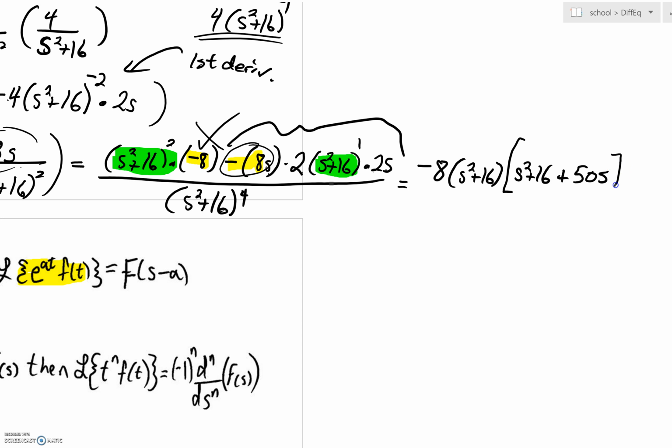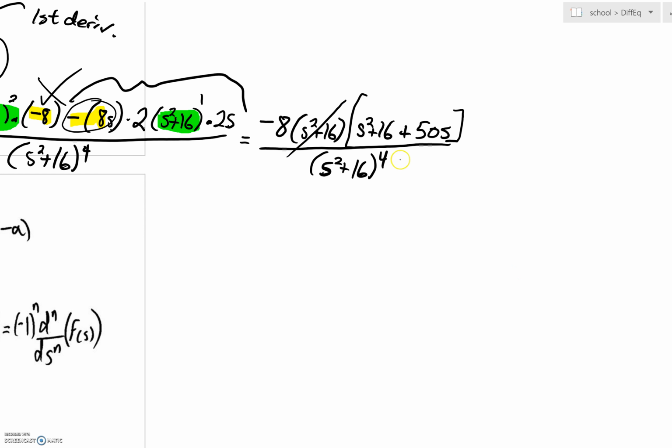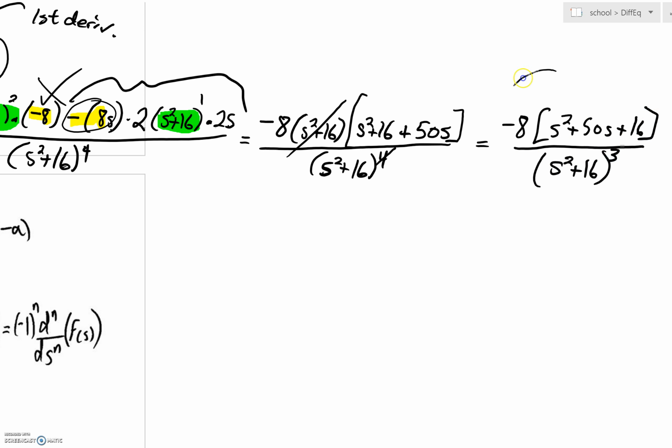And right there, you can see we're practically done. We've got our s squared plus 16 to the fourth. If you want to clean this up a little bit, you can cancel one of those factors up on high. You can say, well, I've got s squared plus 50s plus 16, and then down below, I just have s squared plus 16 to the third. Okay?